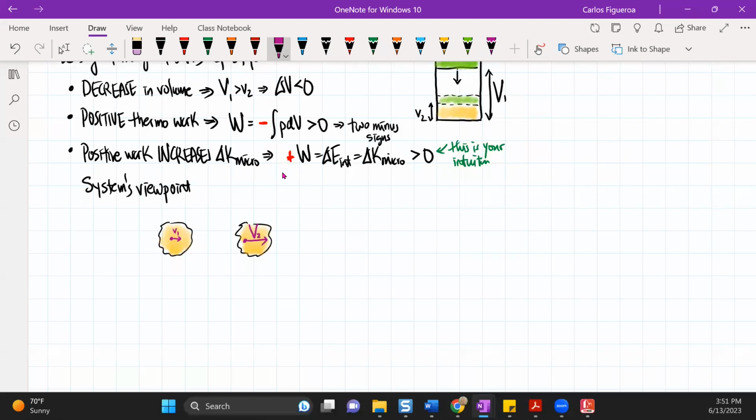So V2 must be larger than that. Why is this intuitive? Because if I do positive work on the system, it increases the available energy. So in this case, we're going from little k1 to big K2. The only way you can do this is if you add work.